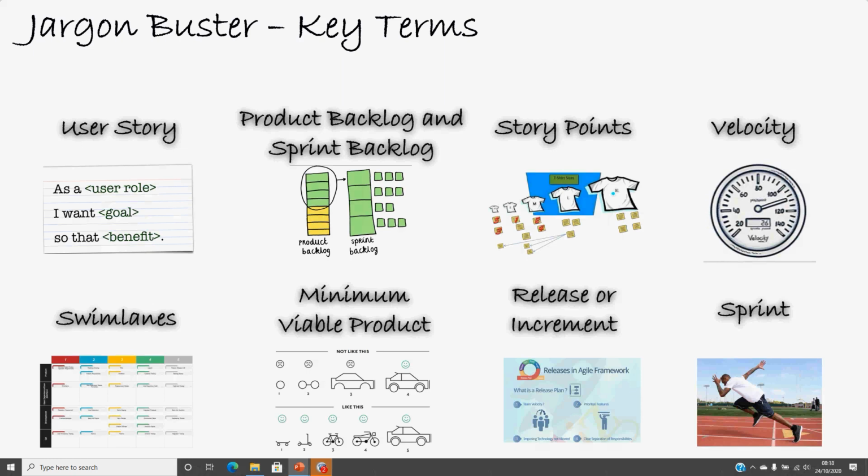Now, after a couple of sprints, you will be able to do an average of the number of story points, and then you can conclude that on average your team is able to deliver probably 8 story points over a particular sprint. So this will be your velocity by which you're delivering.